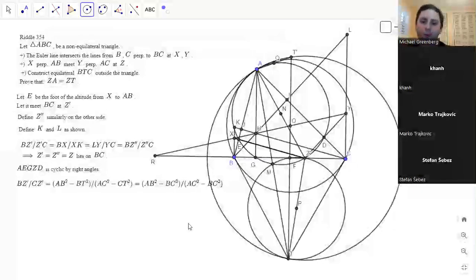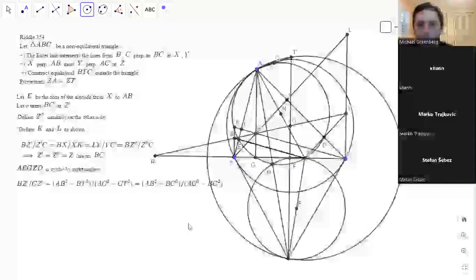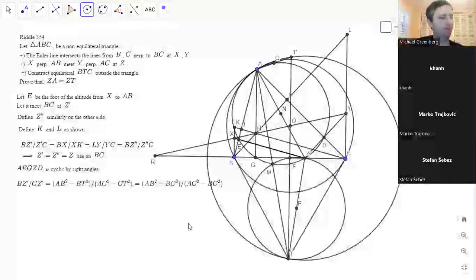So CY is 2OF minus BX. I didn't know this lemma.